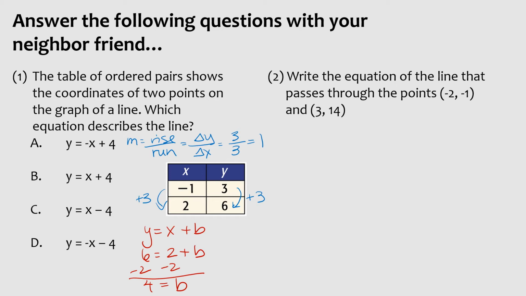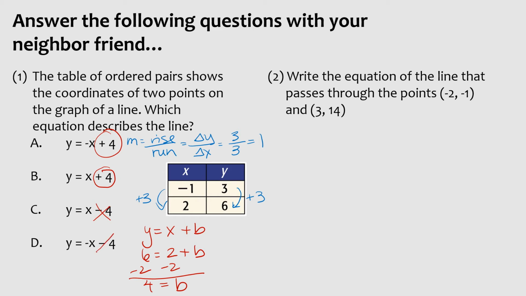All right, so looking at this, I can actually look at this and be like, oh, okay, well, this has a plus 4, so that could work. And this could work.